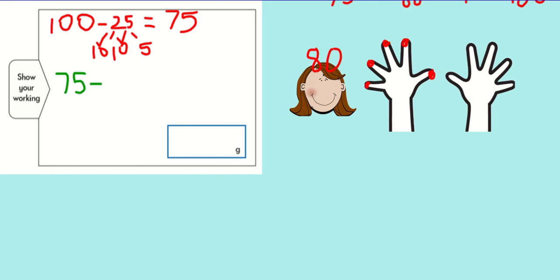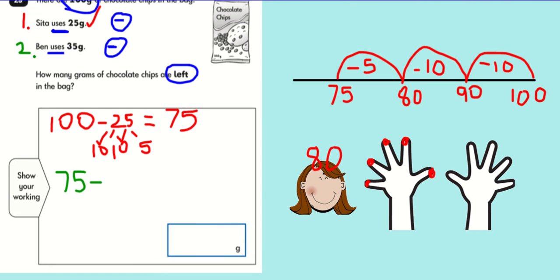We're going to take away 35 grams because that's how many grams Ben uses. And we want to know what's left in the bag. That's that mystery number here, isn't it? 75, that's what's left. Take away 35, that's what Ben uses, equals something. That's the number that we want to find out. That's our answer, isn't it?